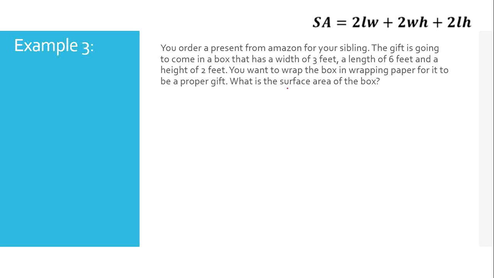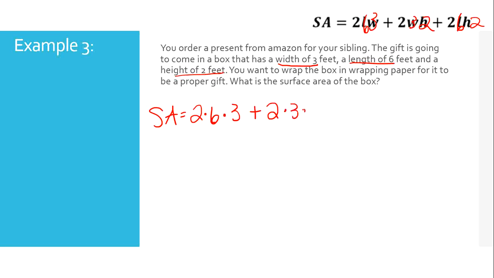Okay, so this time they didn't give me a picture, they just gave me the dimensions. So they said W was 3, so this one's 3, and then the length was 6, so this is 6, and then the height was 2. So surface area is going to be 2 times 6 times 3 plus 2 times 3 times 2 plus 2 times 6 times 2.